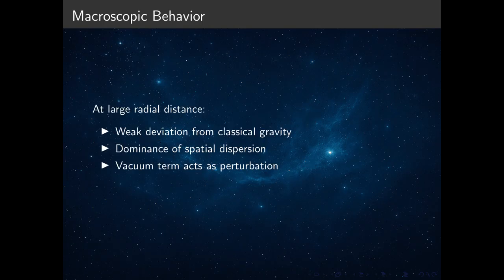At large radial distances r, this produces a small correction to the classical gravitational field, consistent with weak field behavior, where spatial dispersion dominates, and vacuum response variations act only as perturbative modulation.